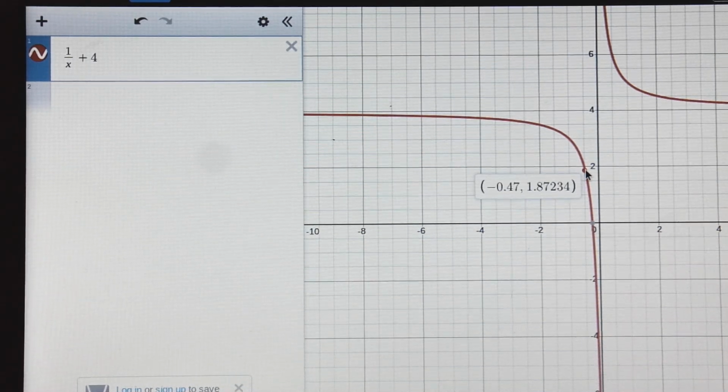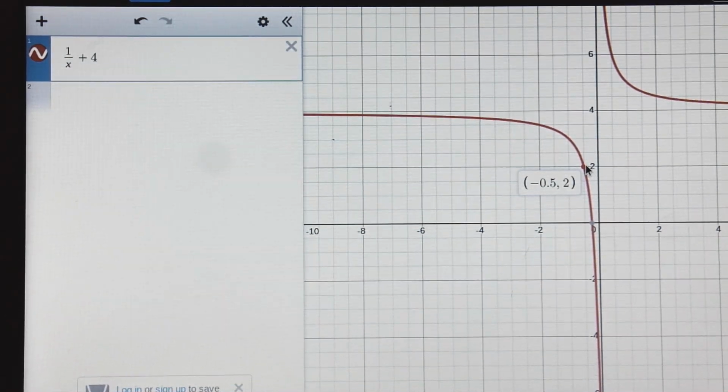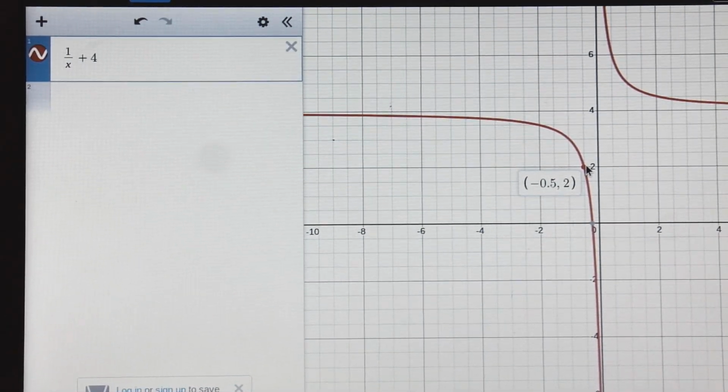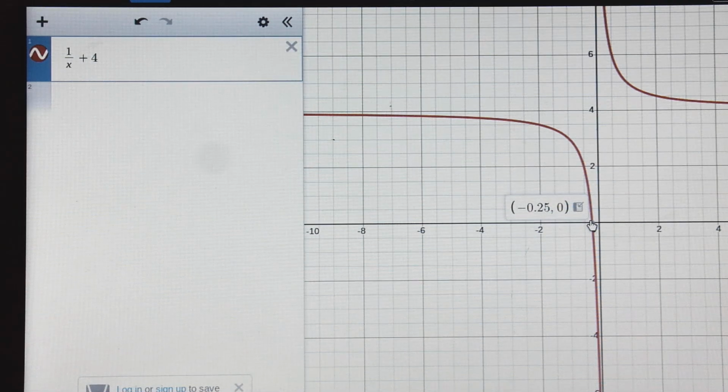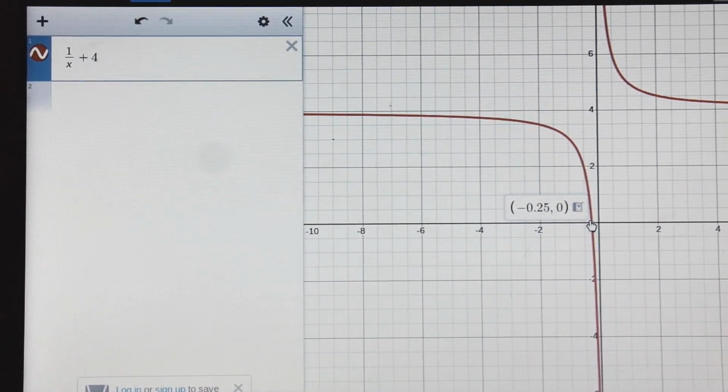I don't care which 3. You don't even have to have one of them match up. You can have none of them match my points, as long as the graph looks right. Yes, that's exactly right, Bryson. As long as the graph is correct. If the graph doesn't look right, that's more of a problem.